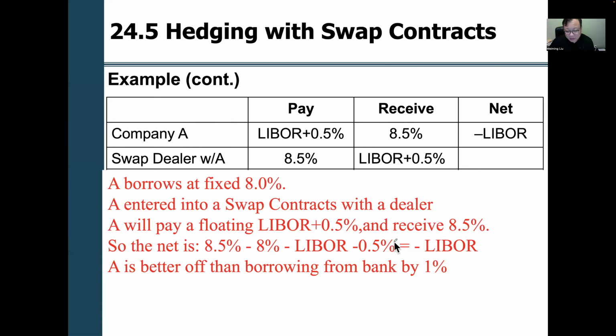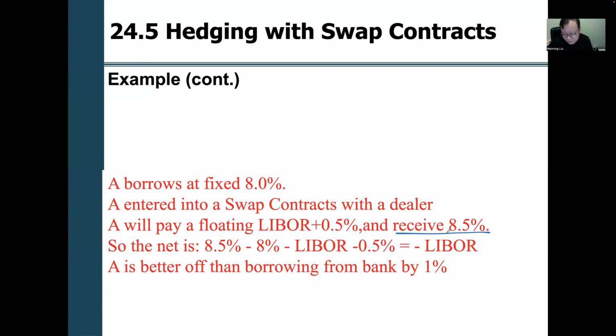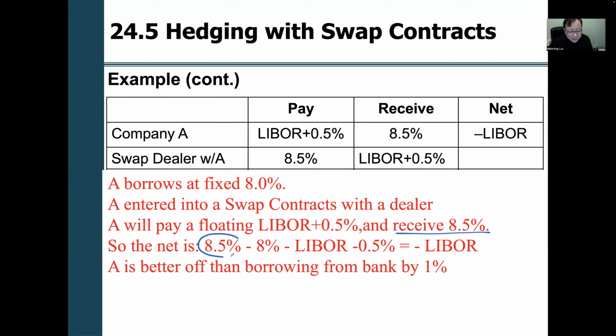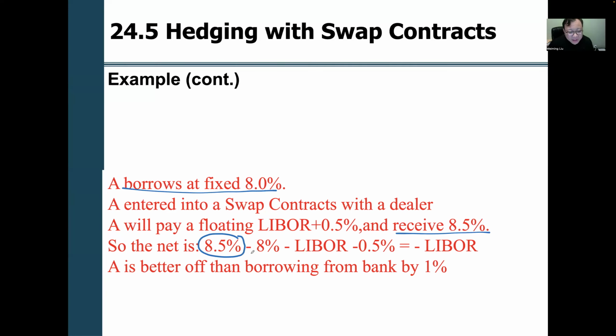I received 8.5% from the dealer, but the company borrowed from the bank at 8.0%, so he has to pay the bank 8%. Now there's no free lunch, right? He doesn't get 8.5% from the dealer for nothing. So he has to pay a floating LIBOR plus 0.5%. When I consider what was received minus what was paid, that's the net paid. So the net paid is LIBOR.